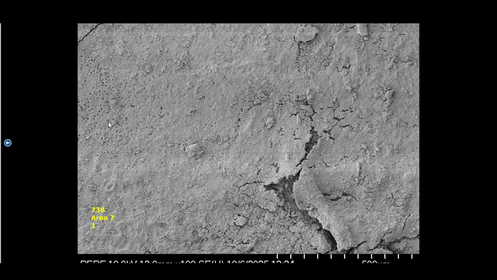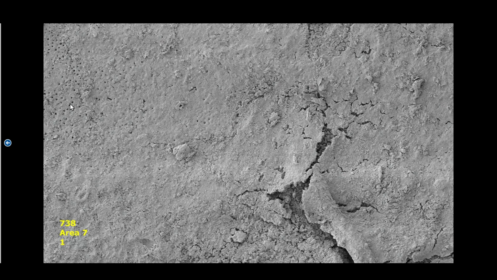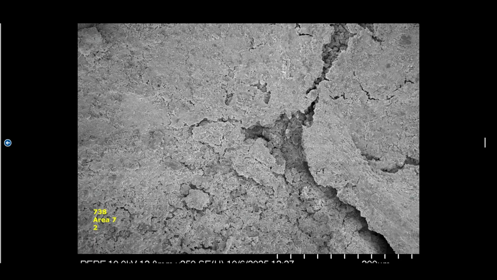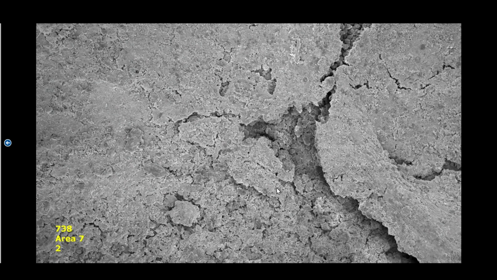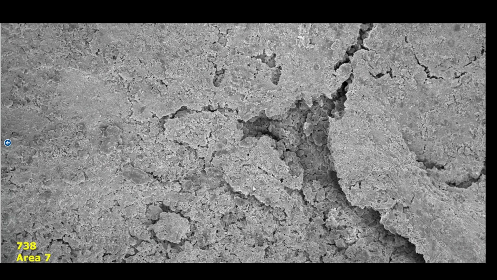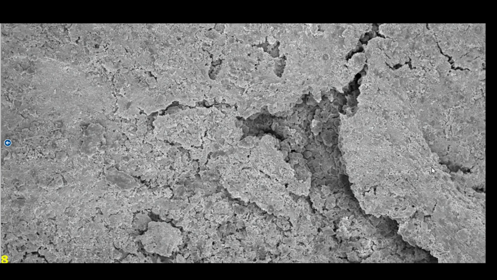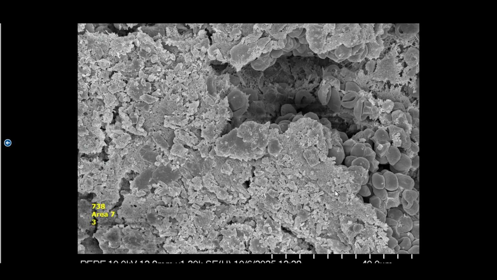You do see some dentinal tubules here, but it looks pretty much like the smear layer is intact, and there hasn't been a lot of demineralization, and quite a bit of red blood cells and either smear layer or instrumentation debris.